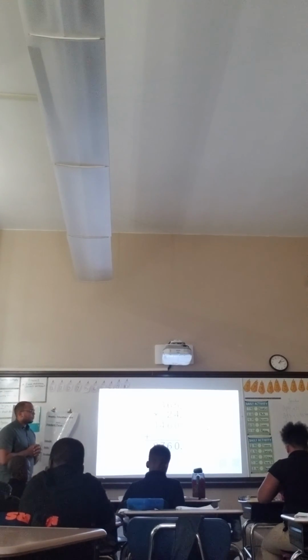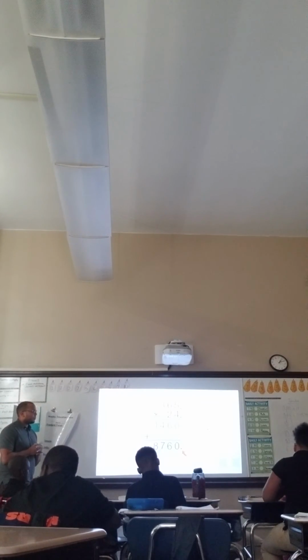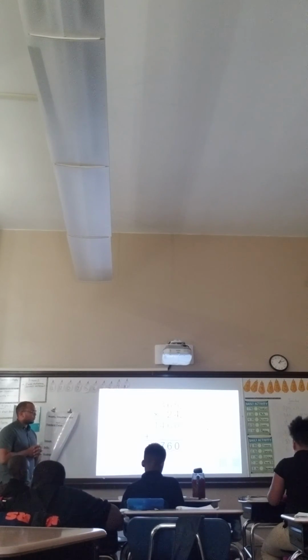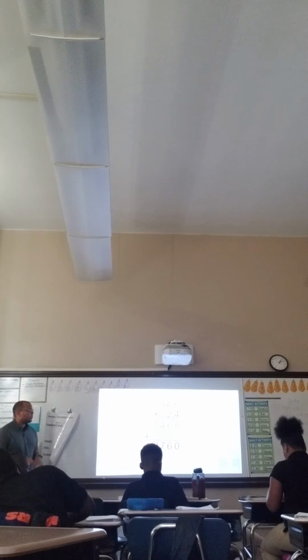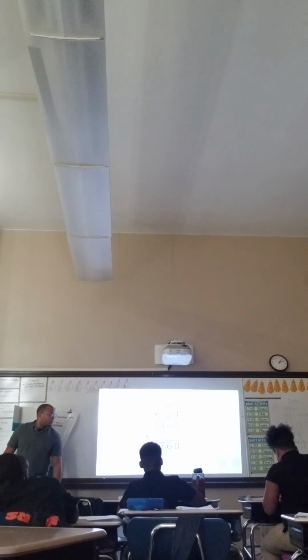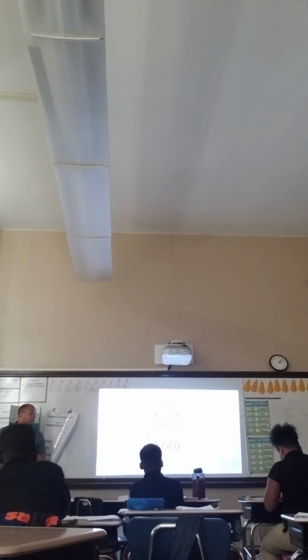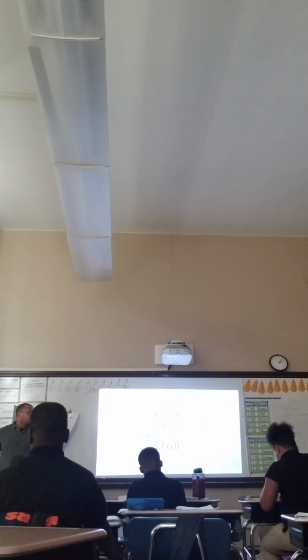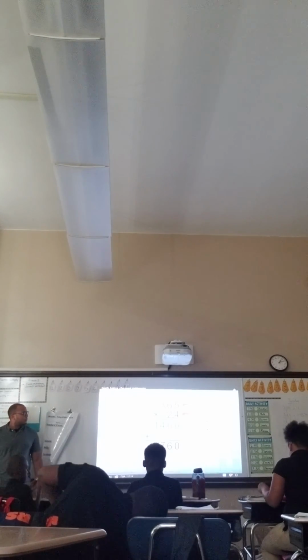So, starting right here, where the decimal point would be if our answer was 8,760, we shift 3 places to the left, and we end up with 8.760, or just 8.76. And that is the answer to 3.65 times 2.4.